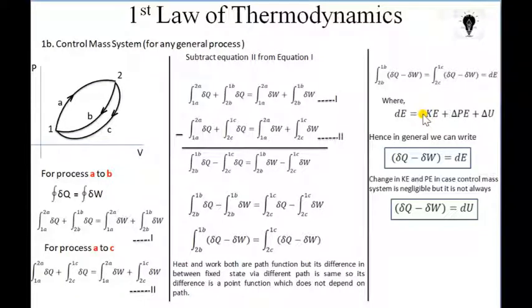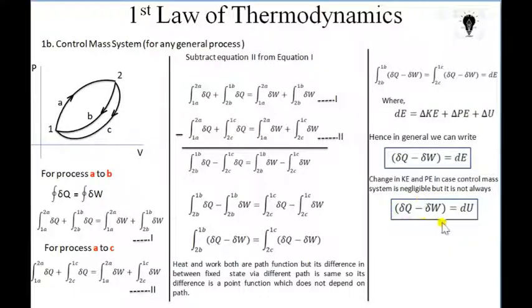All the heat energy absorbed by that system is supposed to be stored as internal energy. So for control mass system, we can modify this expression: del Q minus del W is equal to dU.